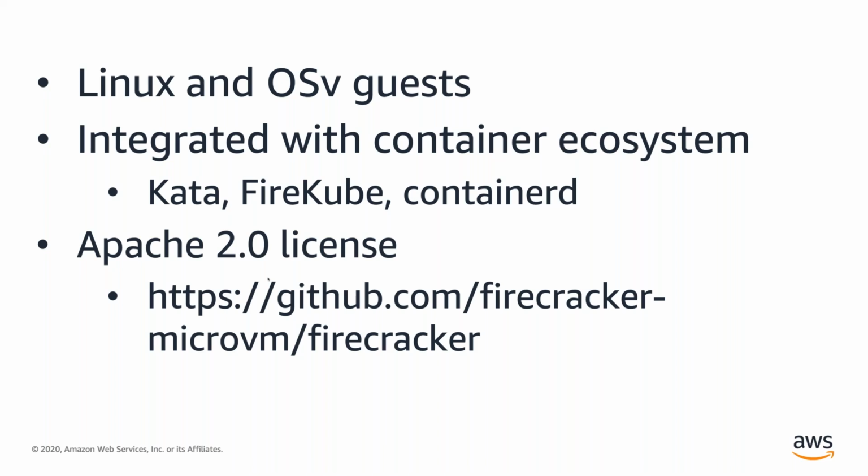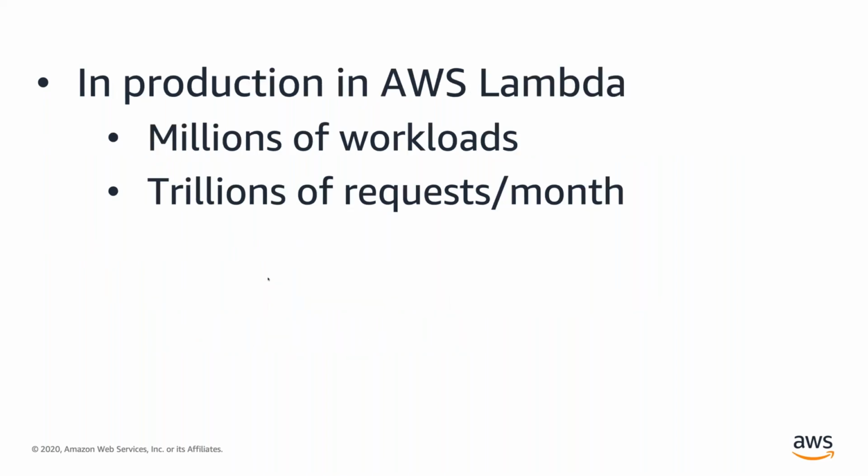Firecracker is available as open source on GitHub. This is the same code that we run in production in AWS under the Apache 2.0 license. We invite the community to take part, contribute code and pull requests and so on, and we are following a fully open source development model.